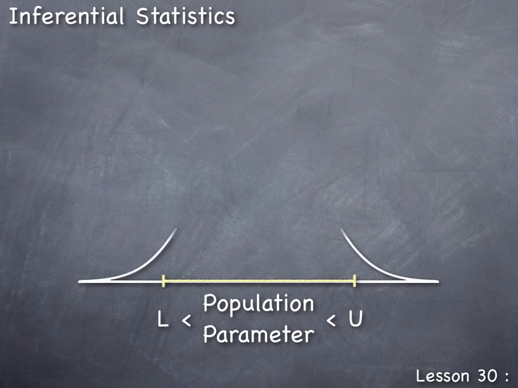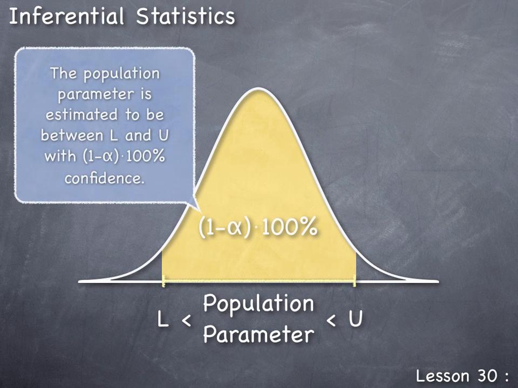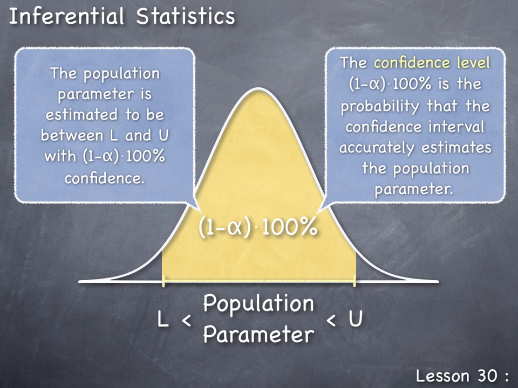Now the confidence refers to the likelihood that this population parameter will be contained within the interval. That is, the population parameter is estimated to be between L and U with 1 minus alpha times 100% confidence, where the notation 1 minus alpha times 100% represents what we call the confidence level.